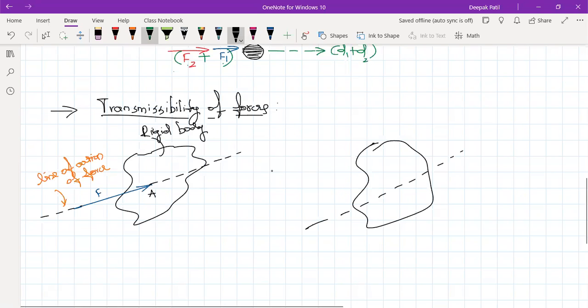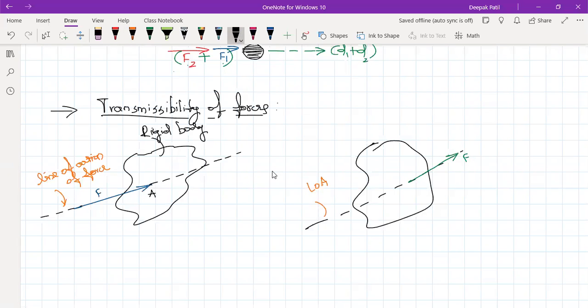Now instead of applying the force at point A, on this side, let me try to apply the force somewhere here. Let me call this F, right? This is the line of action. I will name it by the term LOA, line of action of the force. Okay, so this is force F.